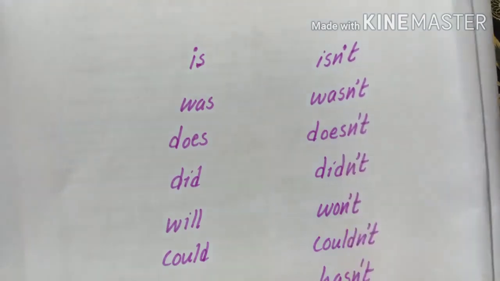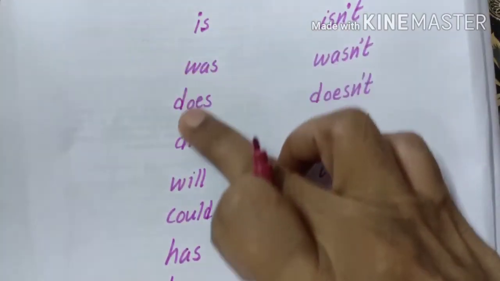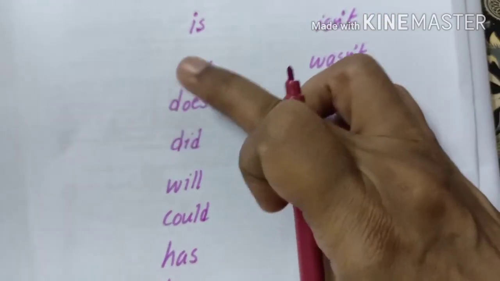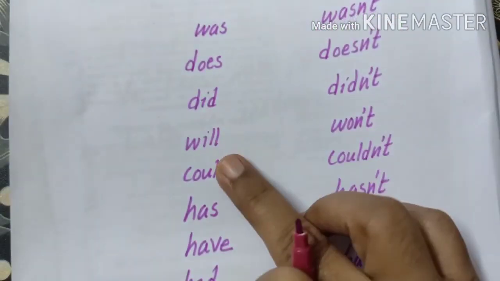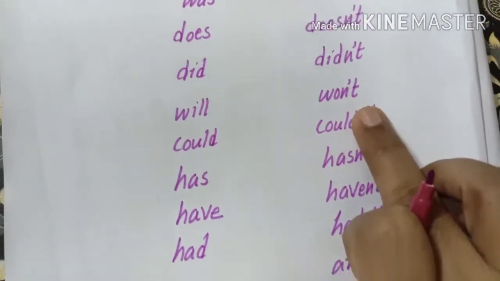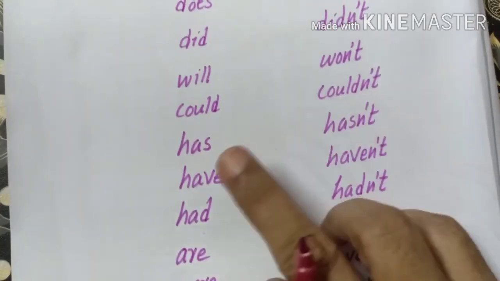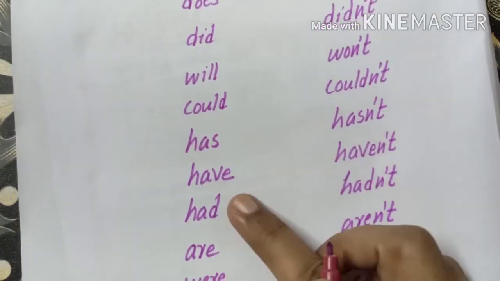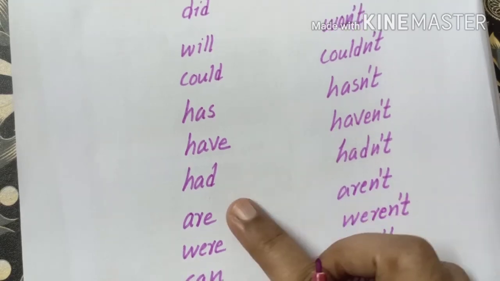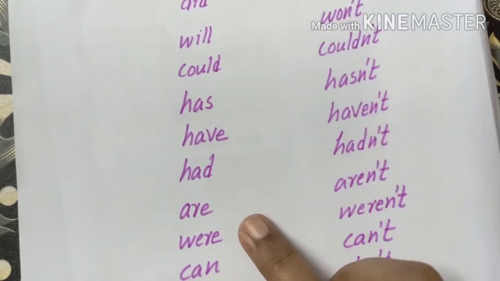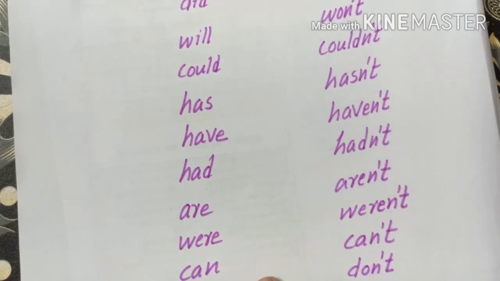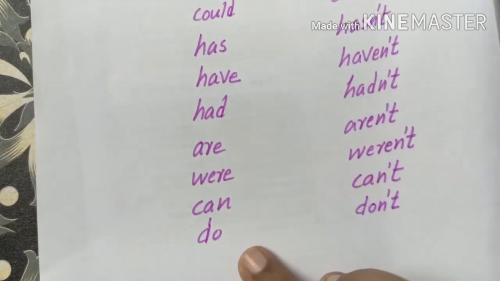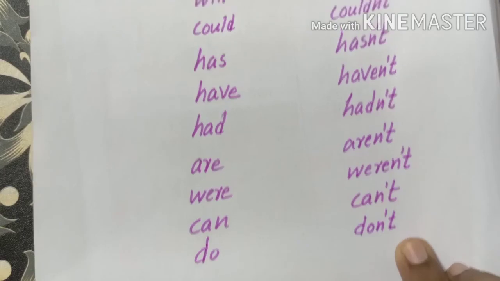So if negative is there, use the positive tag, along with the appropriate pronoun. Okay, then will, use won't; could, couldn't; has, hasn't; have, haven't; had, hadn't; are, aren't; were, weren't; can, can't; do, don't, and so on.